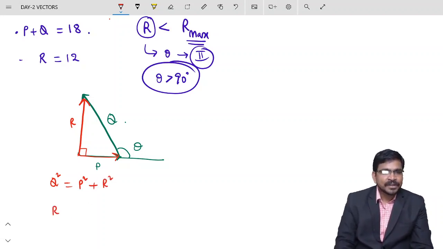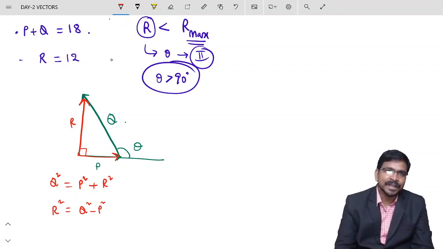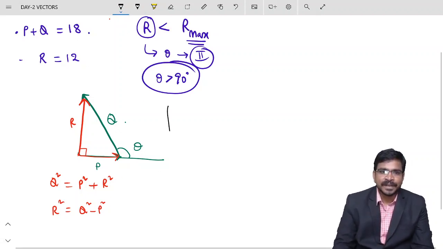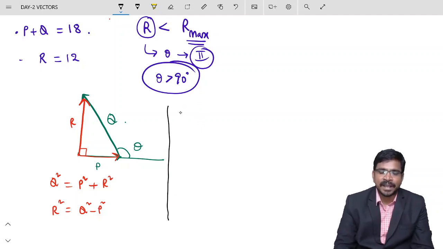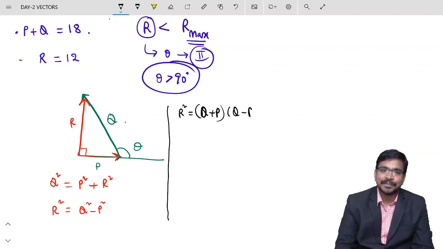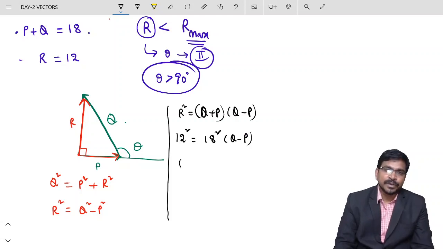And here R square can be written as Q square minus P square, and this can be written as R square equal to Q plus P times Q minus P, and R value is 12, Q plus P is 18, and Q minus P is here.